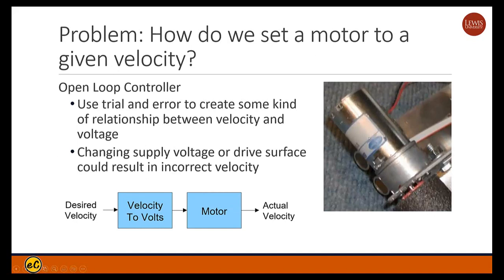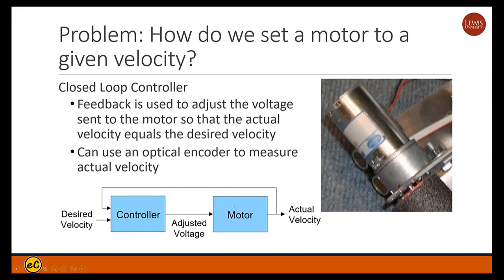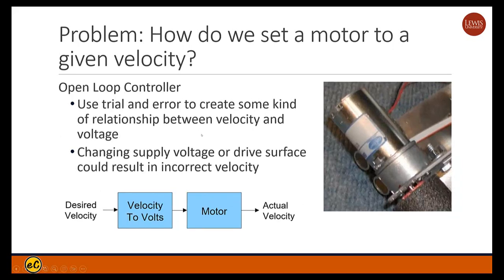So we do have this motion control motor. We want a desired speed, and we have an observed speed, and you need to use feedback to control how fast the motor goes.